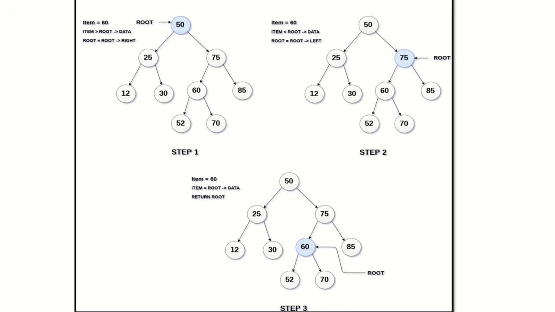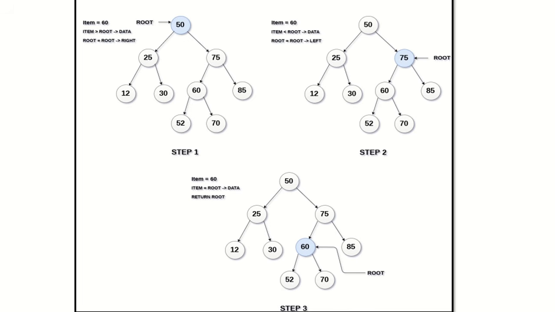This is the biggest advantage, where the number of searches is reduced when compared with the normal binary tree. As the name implies, a binary search tree makes the searching process easier.